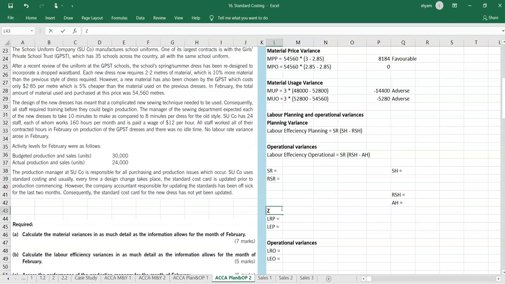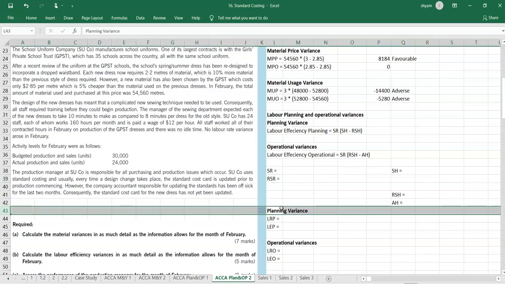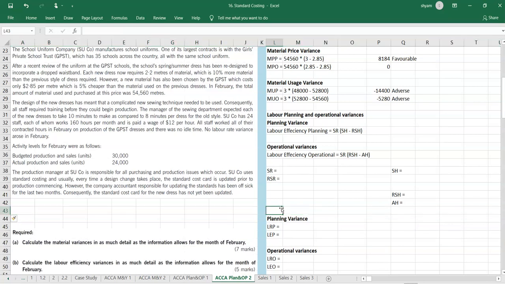Let's see how we'll get it. So we'll read the question. The design of the new dresses has meant that a complicated new sewing technique needed to be used. Consequently, all staff required training before they could begin production.